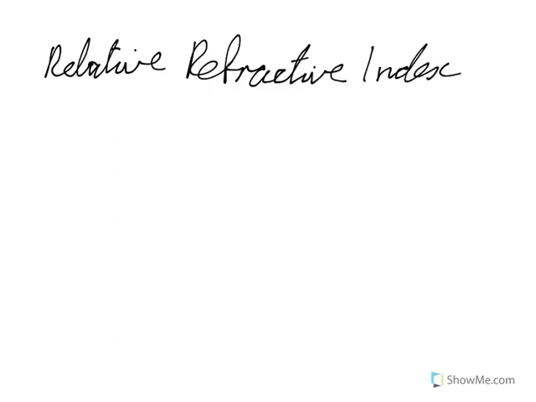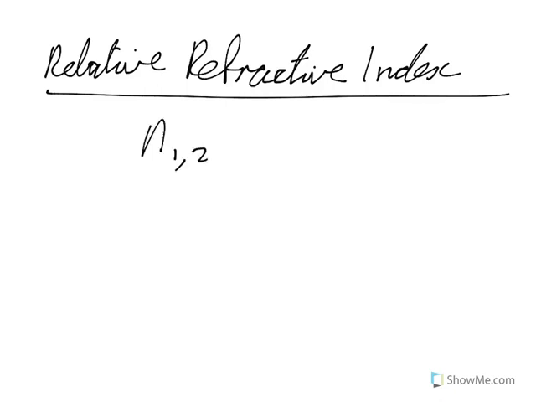So relative refractive index is the refractive index of one substance compared to another, and it might be like N1,2. So the refractive index of substance 1 compared to substance 2.